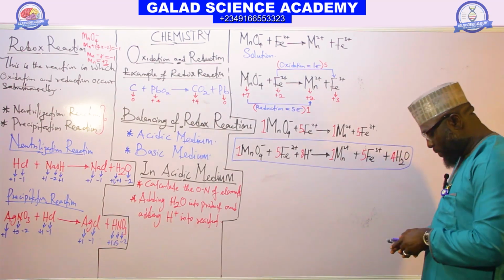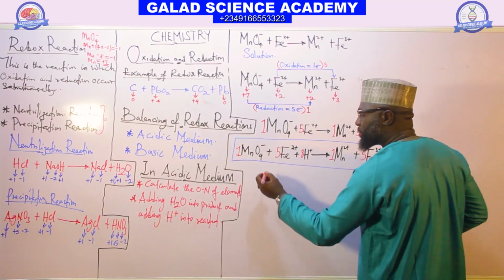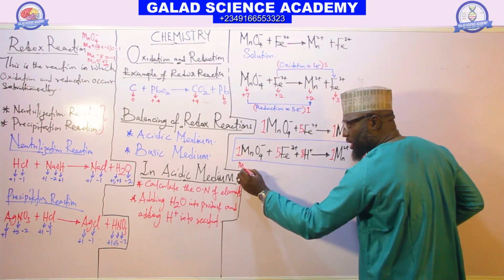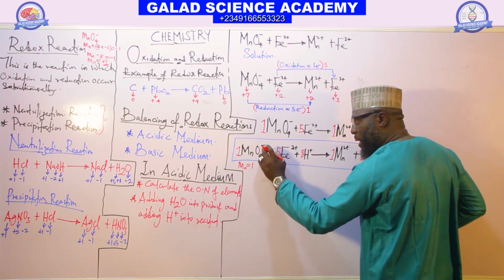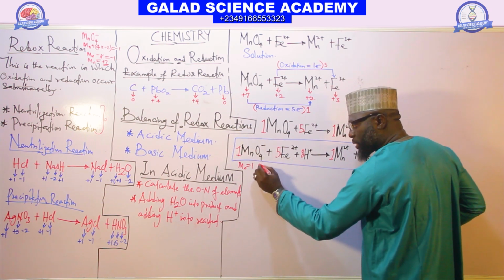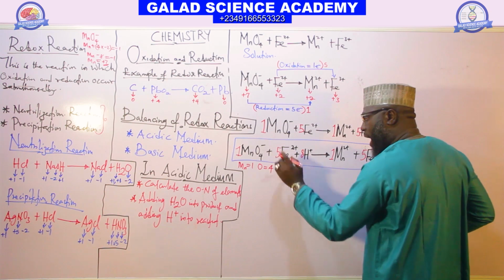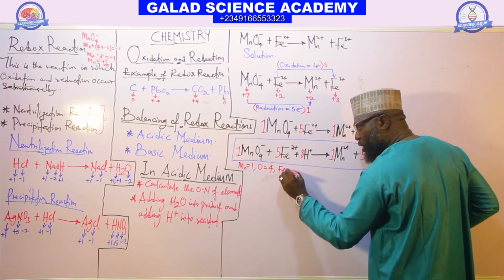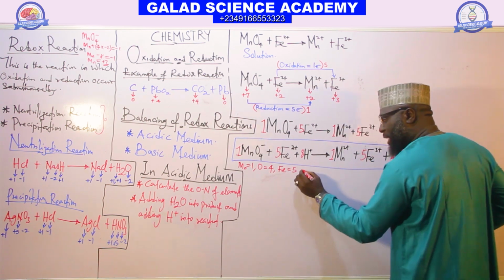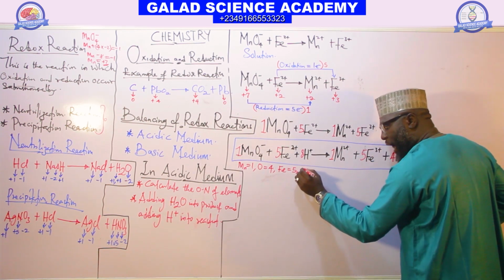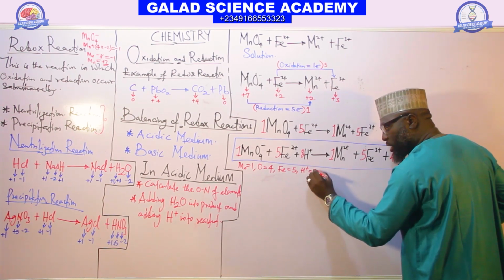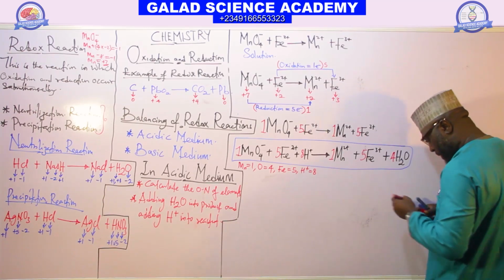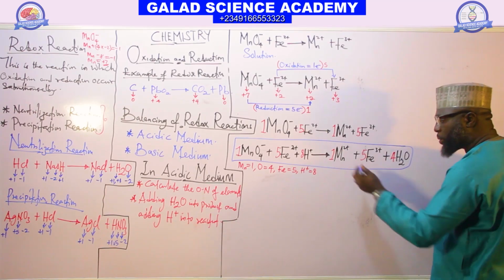Let's check it now. How many manganate? 1. How many oxygen do we have here? Oxygen is 4. How many iron do we have here? Fe is 5. How many hydrogen ions? Hydrogen ion is 8. Balanced. Check the product side.